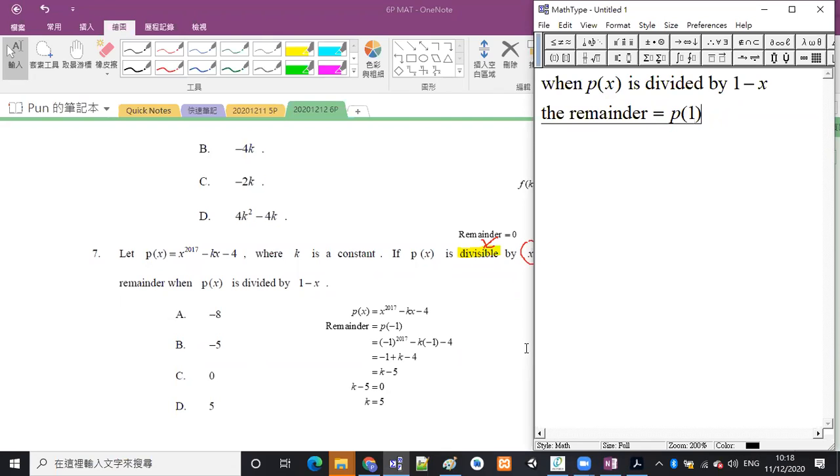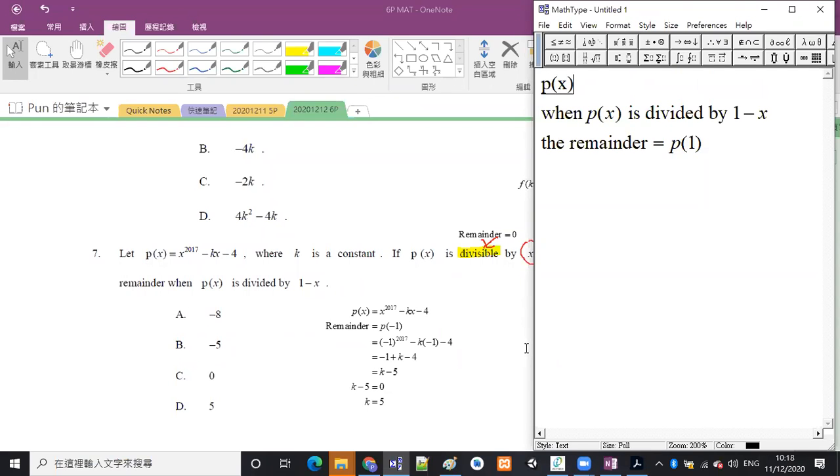Can you see this? But we have the formula of p(x). Normally I will write down the p(x) first, because we have already found the unknown. p(x) is x to the power 2017 minus kx, and k is 5. That is 5x and then minus 4.